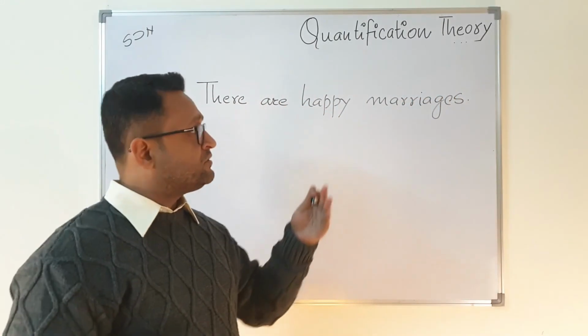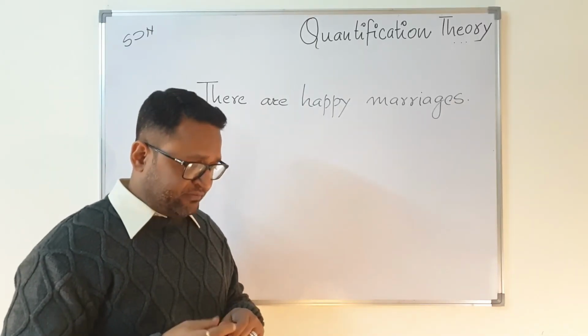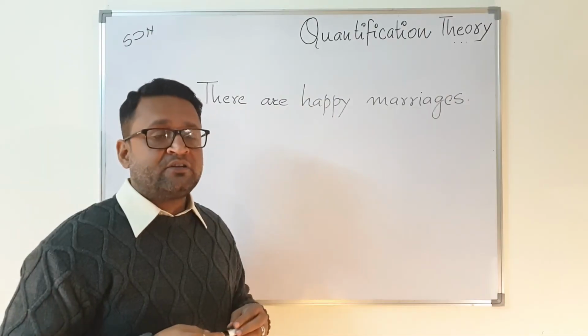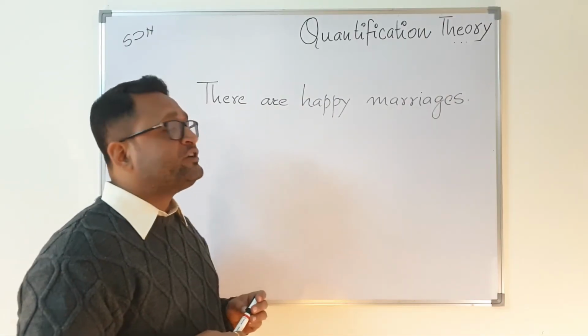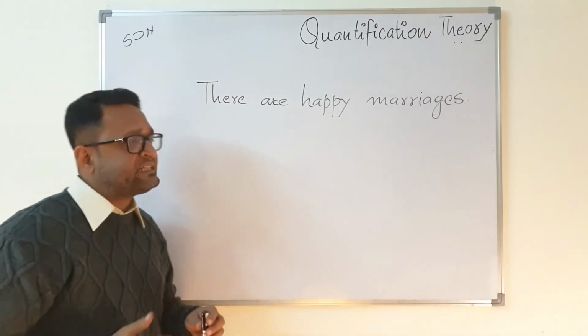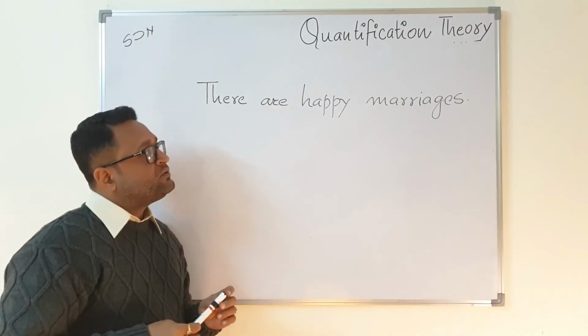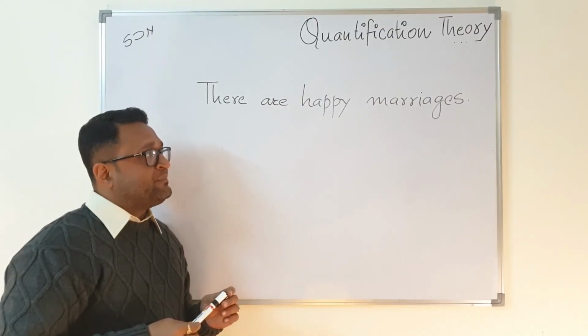Though it is not the truth, but still, if it is said or written, irrespective of the fact that it is a true statement or a false statement, we need to symbolize it, right? So let us first take how this is going to be symbolized. So there are happy marriages.